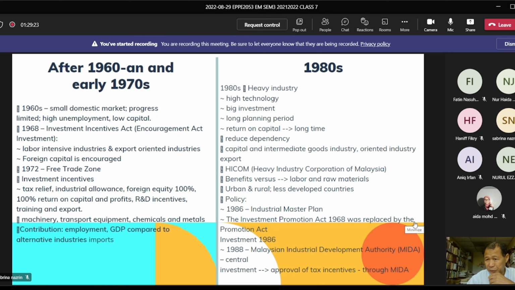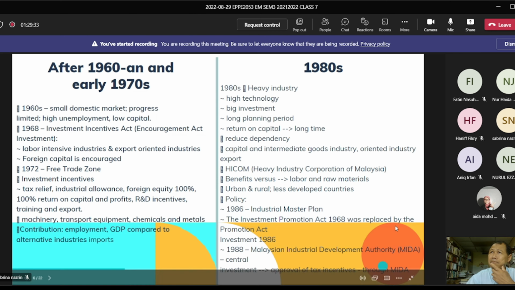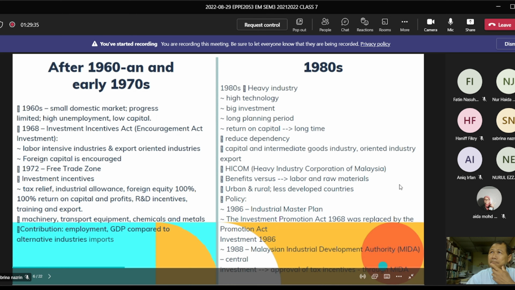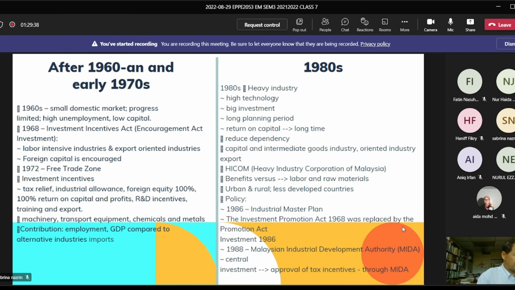Yes, true, free trade zone 1972. This foreign equity 100% came with the, what was the other one? The one that I just mentioned. Wait.